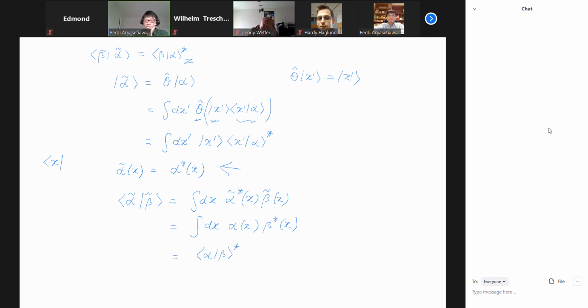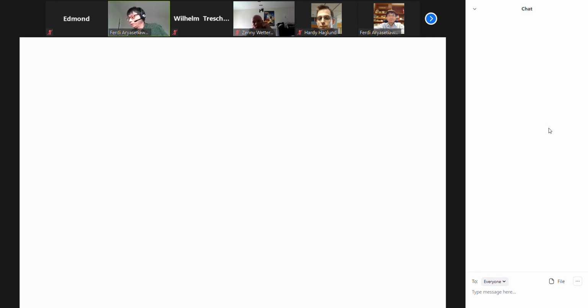So we have just shown that the time reversal operator is an anti-unitary operator because it fulfills this property, and also that it converts a complex number into its complex conjugate.